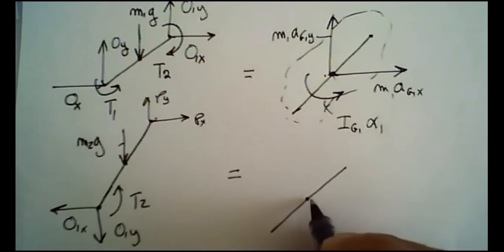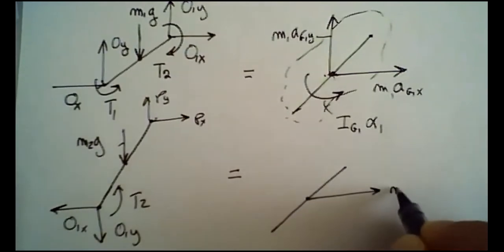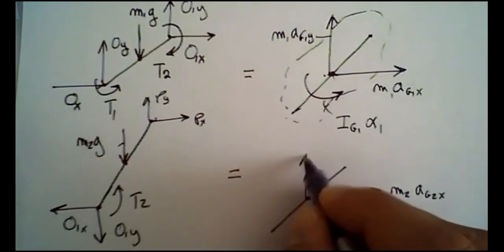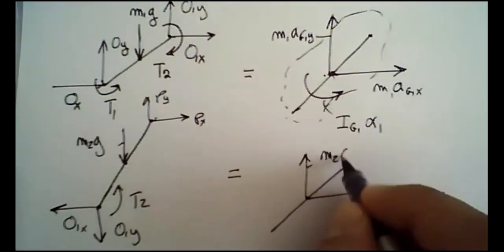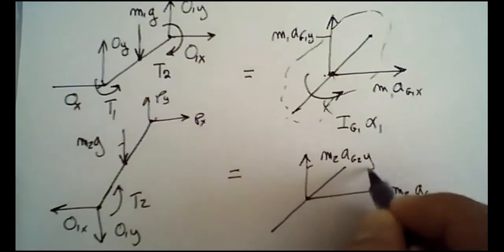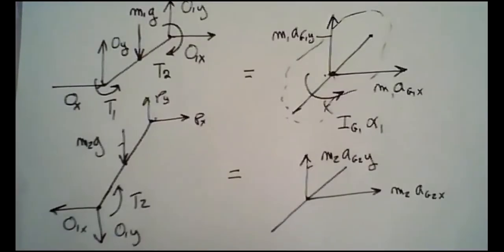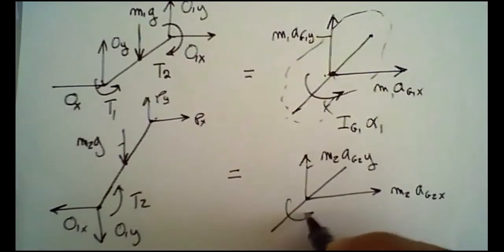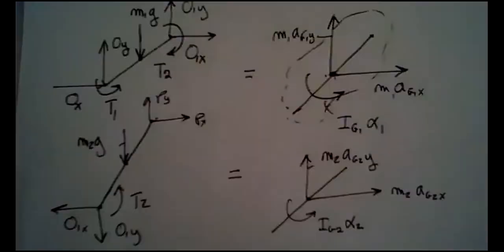I'm going to do the same process basically. M2 AG2X, and I have M2 AG2Y. All right. We also have IG2 alpha 2.